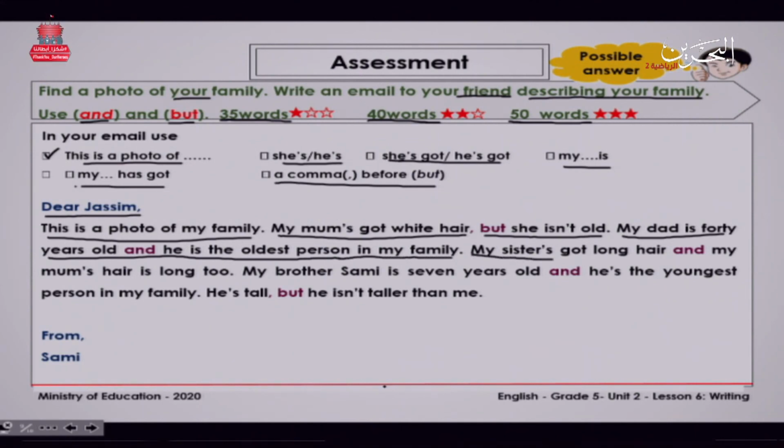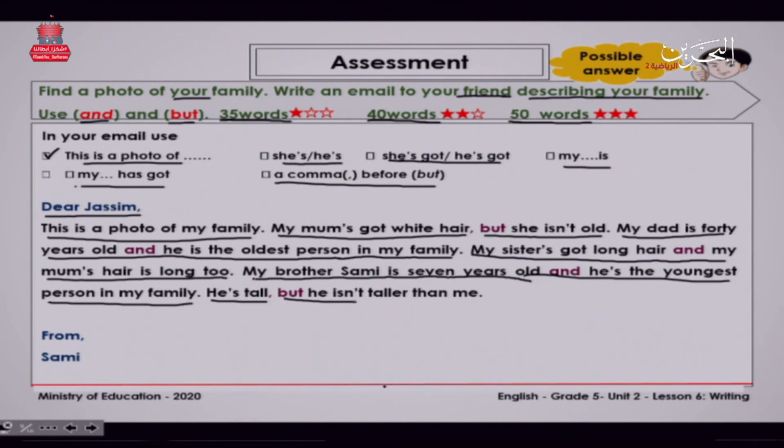My sister's got long hair and my mom's hair is long too. My brother Sammy is 7 years old and he's the youngest person in my family. He's tall, but he isn't taller than me.